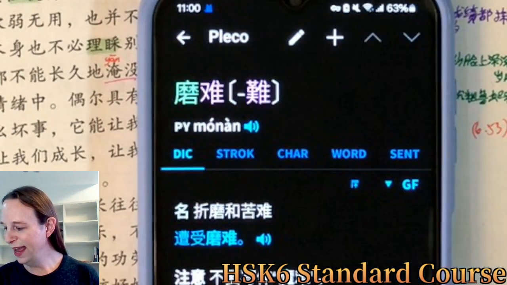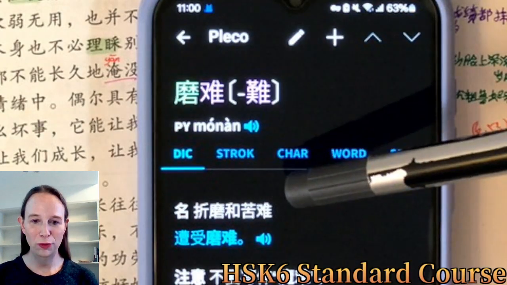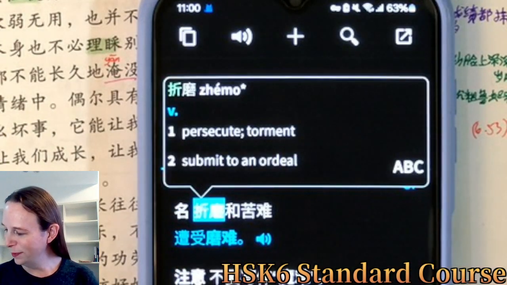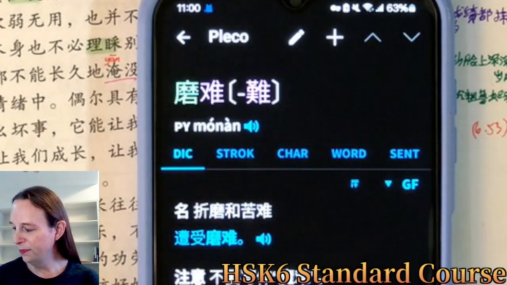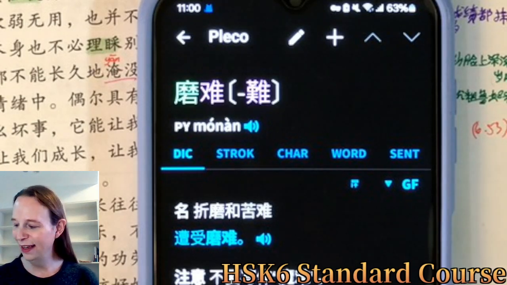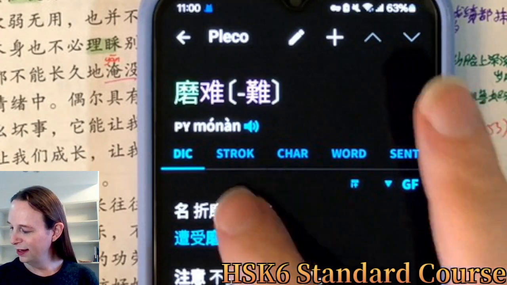So 磨难. 磨, as in 折磨, like torture or struggle. Torment, yeah, that's a better one. And nan is also kind of a disaster, usually a situation that's unfavorable.